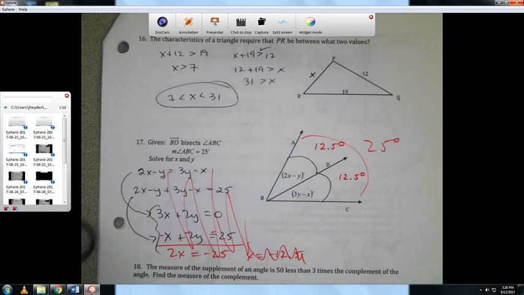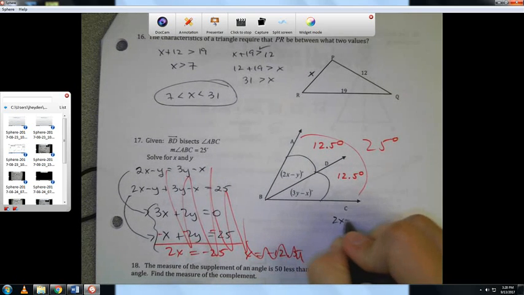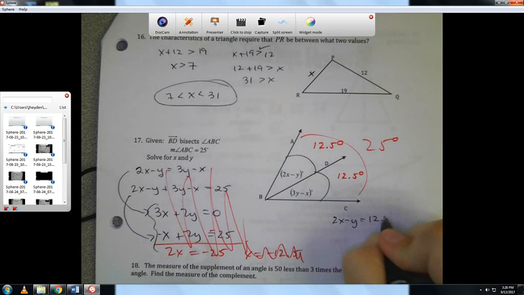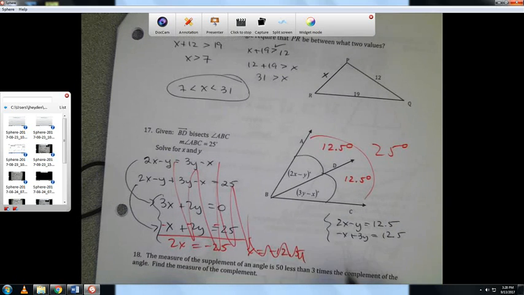So 2x minus y equals 12.5. Negative x plus 3y equals 12.5. Let's try that. I'm going to double this one. So that's a 2, that's a 6, and that's a 25. Add it up. 5y equals 12 and a half. Still kind of weird, but all right. So y, is that right?